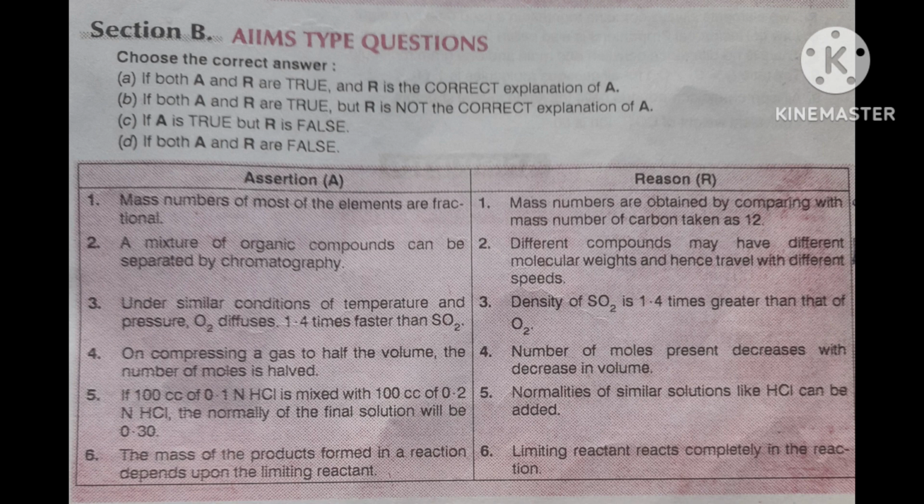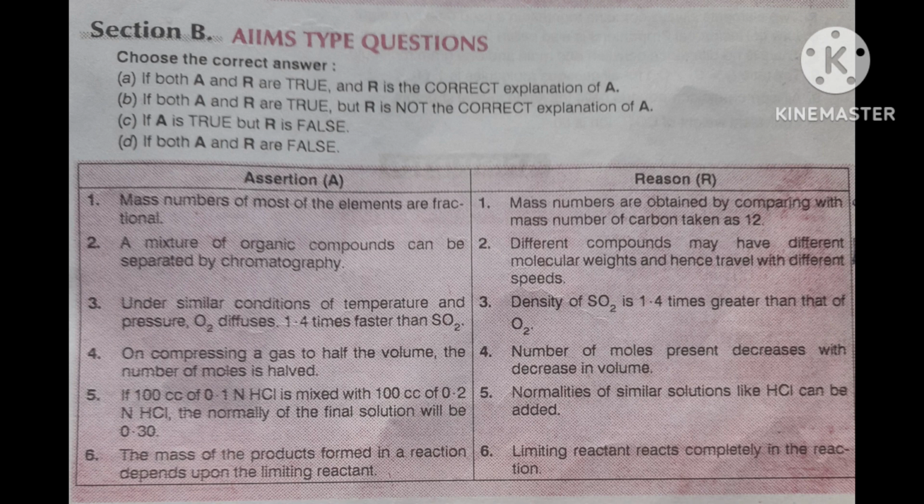Now question 2 I am reading. Assertion: a mixture of organic compounds can be separated by chromatography. Reason: different compounds may have different molecular weights and hence travel with different speeds.